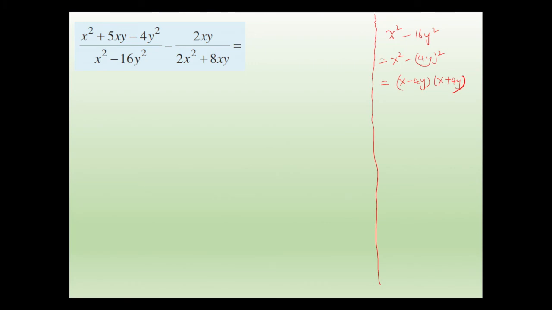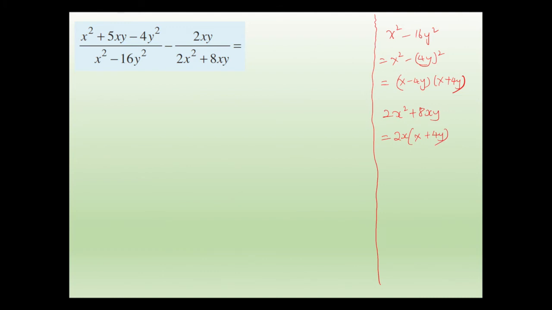The second term, 2xy, you cannot actually simplify it, whereas 2x squared plus 8xy, you can actually factorize it by taking out the highest common factor, which is 2x(x plus 4y). Alright?